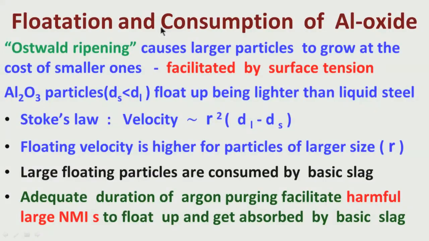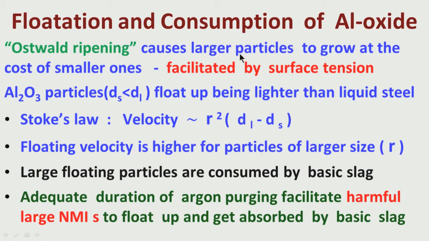So, let us talk about the flotation and consumption of this aluminum oxide at the level of the basic slag. Now, I have told you these alumina inclusions are forming fast. Now, they try to combine with each other. Why? It is called Ostwald ripening.